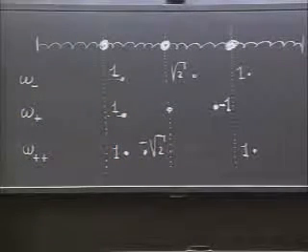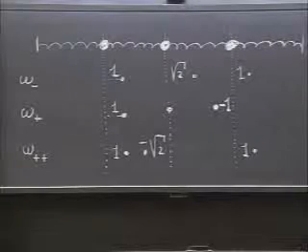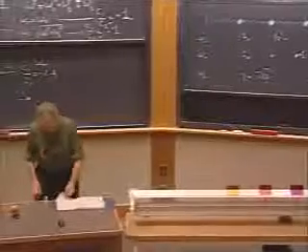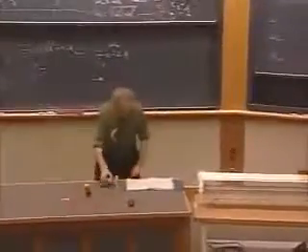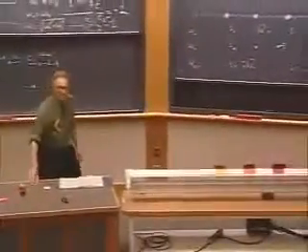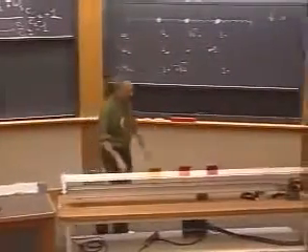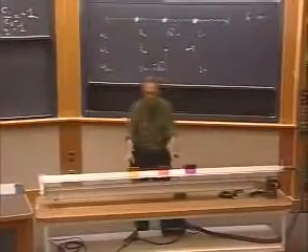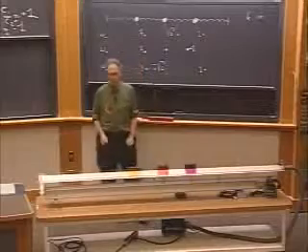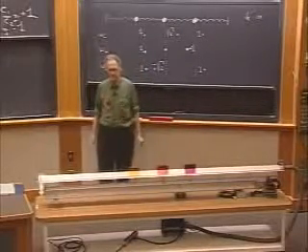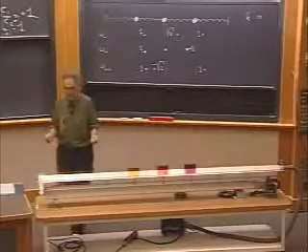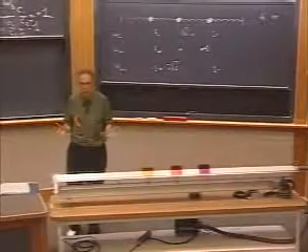Now, I can demonstrate this. The way I'm going to demonstrate this is with the air track that I have here. The beauty with this air track is that I can place these cars wherever I want, and they're not going to move because I don't have any air. Then I turn on the air, and they're immediately free to go.